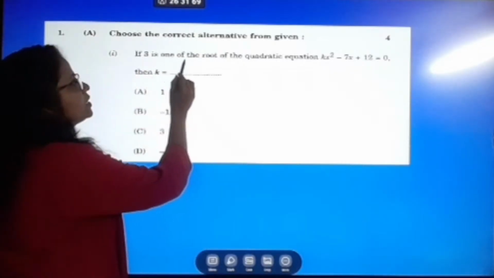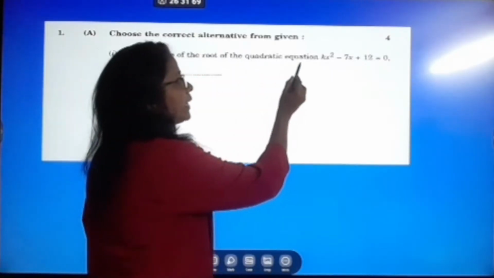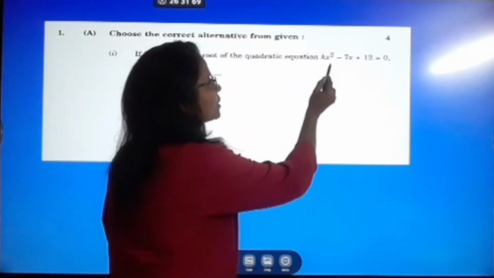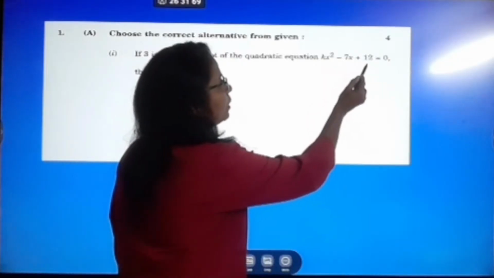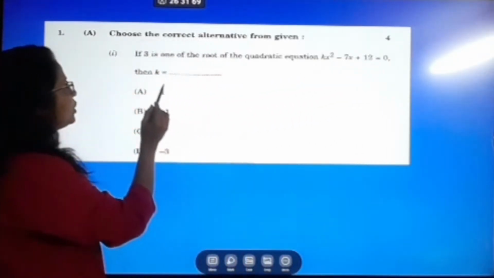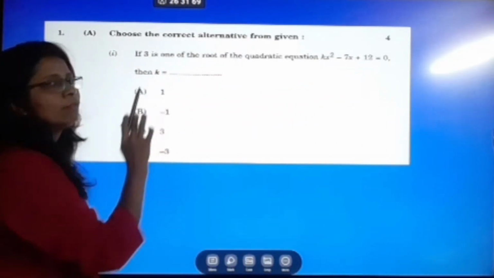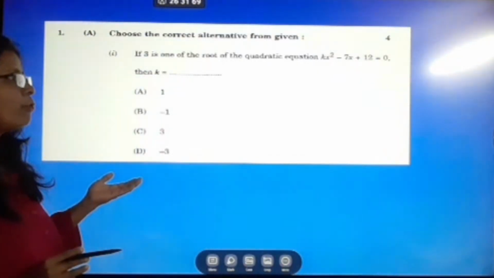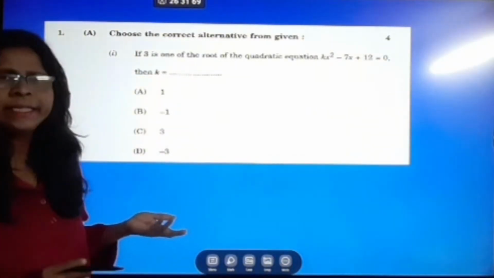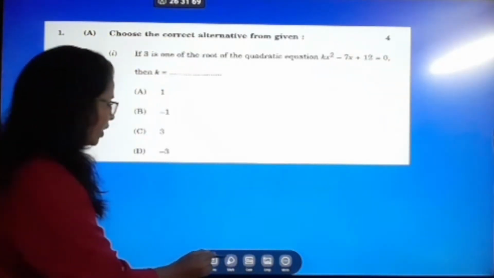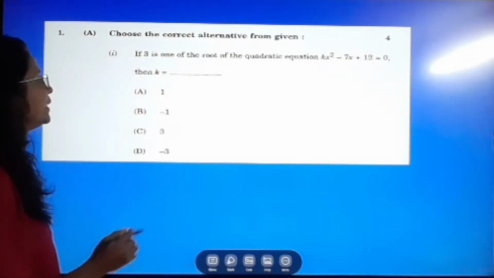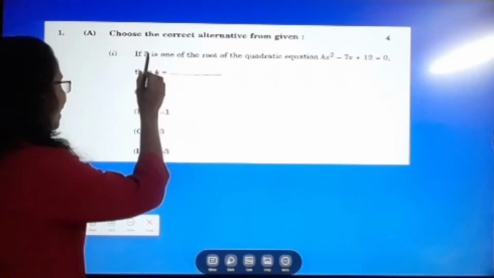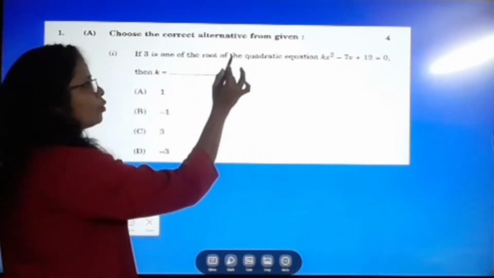If 3 is one of the roots of the quadratic equation kx square minus 7x plus 12 is equal to 0, then k is equal to question mark. Then here the options are 4. So how can we solve this equation? Here students, 3 is one of the roots.